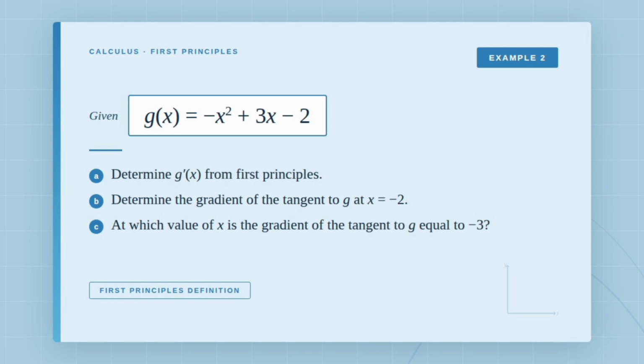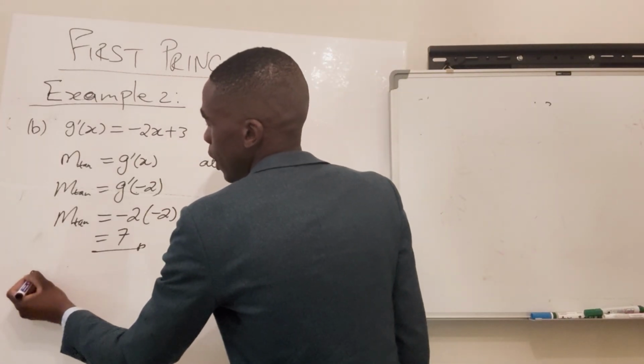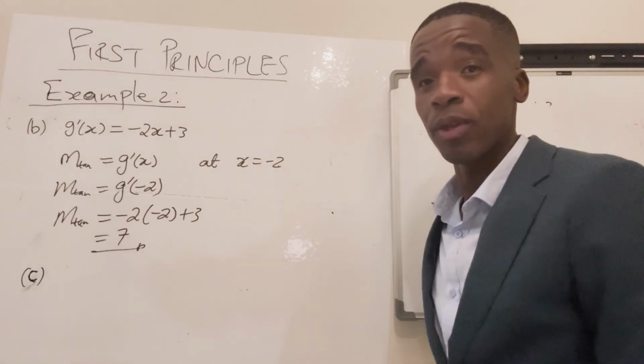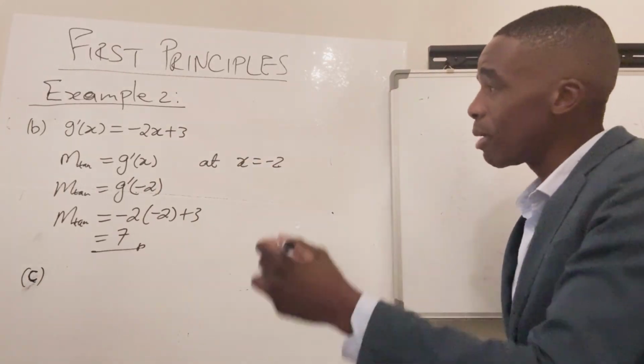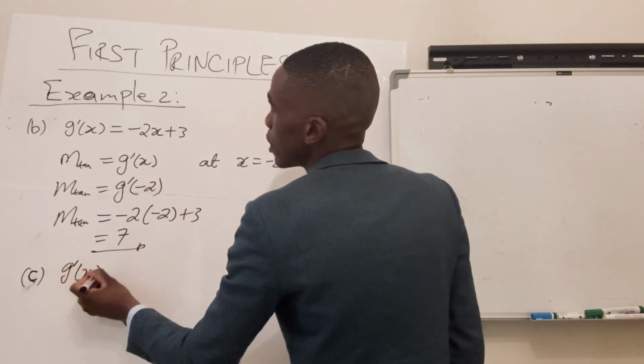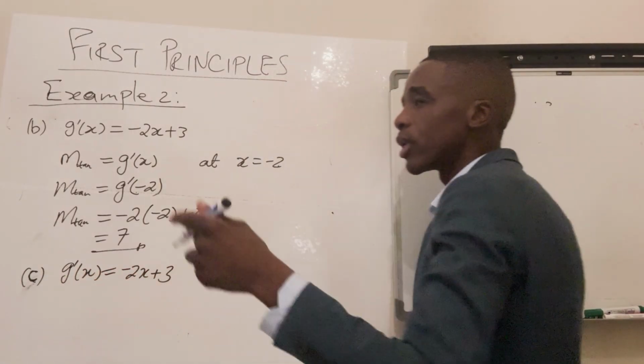At which value of x is the gradient of the tangent equal to minus 3? I think this becomes a little bit of a nicer and simpler question. Remember, the gradient of the tangent is g prime of x, which is equal to minus 2x plus 3 at any point on the graph.